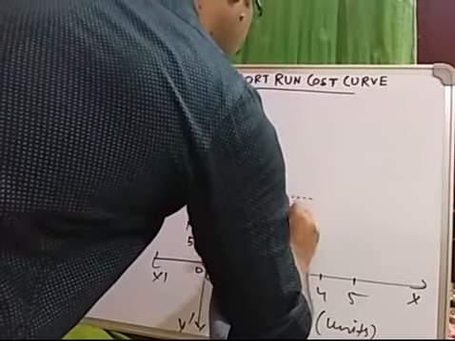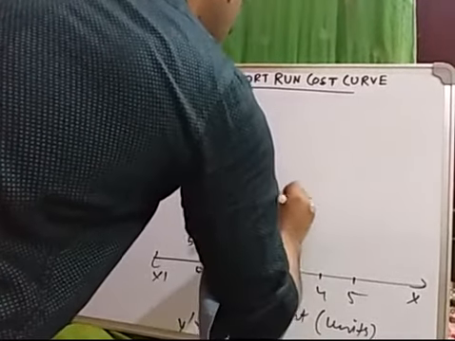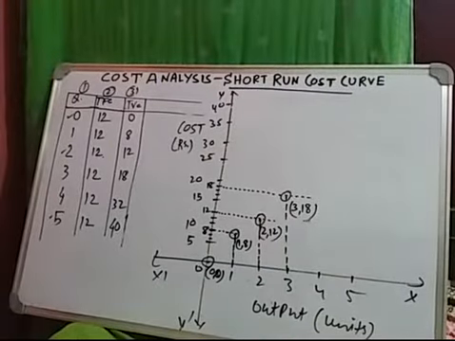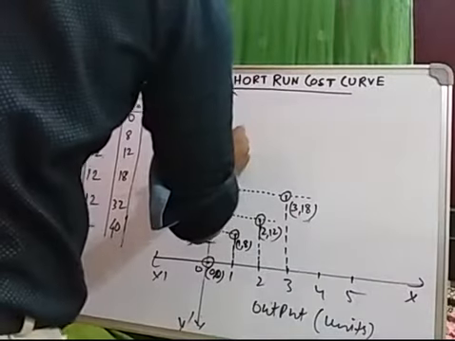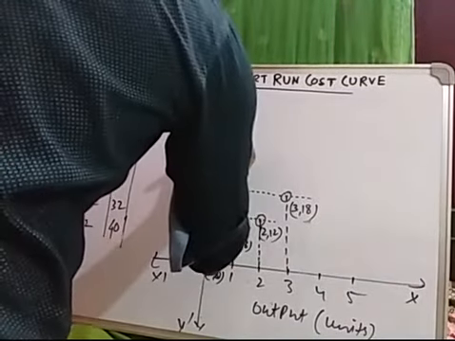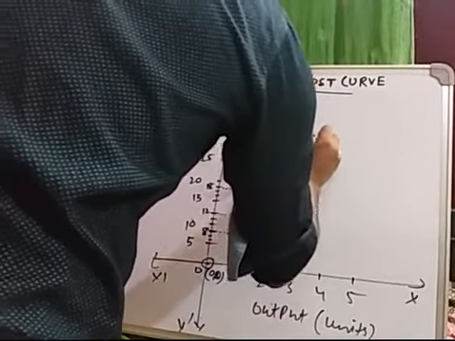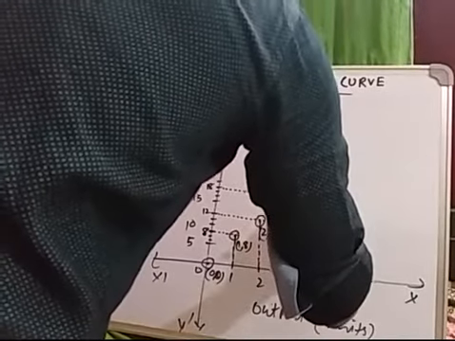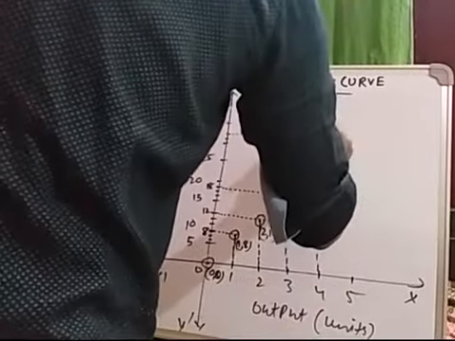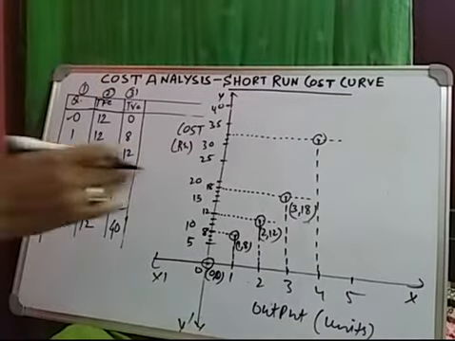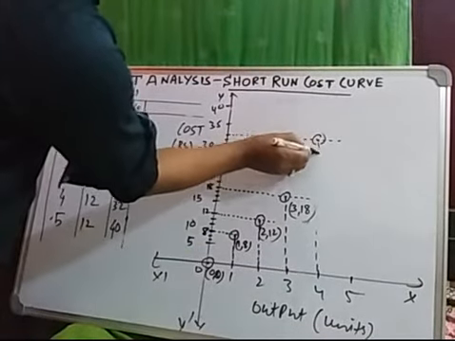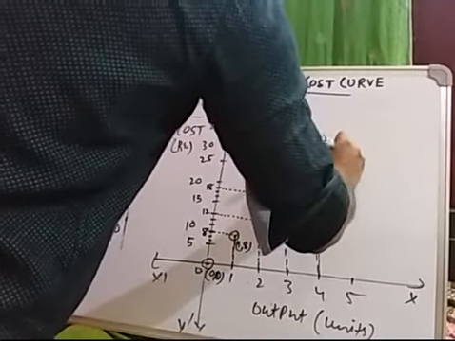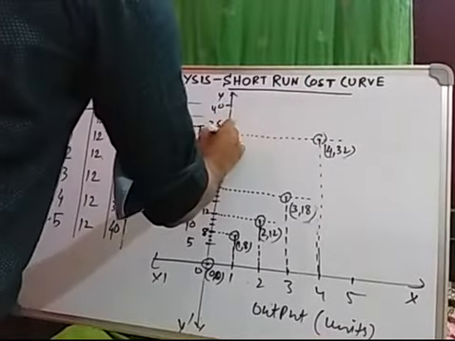If you produce 3 units, your variable cost is 18. Then 4, 32: this is 30, 31, 32. If you produce 4 units, your variable cost will be 32.